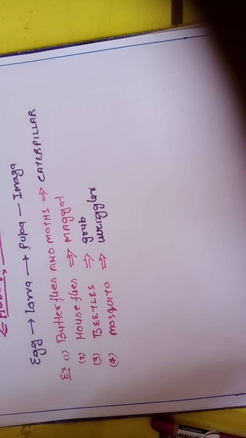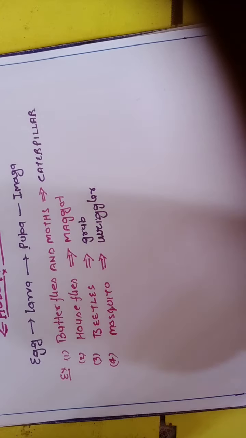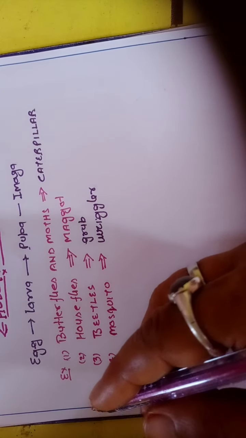Okay, these are the larvae found in the holometabolous type of metamorphosis. Now the last, that is, the fourth type of metamorphosis.